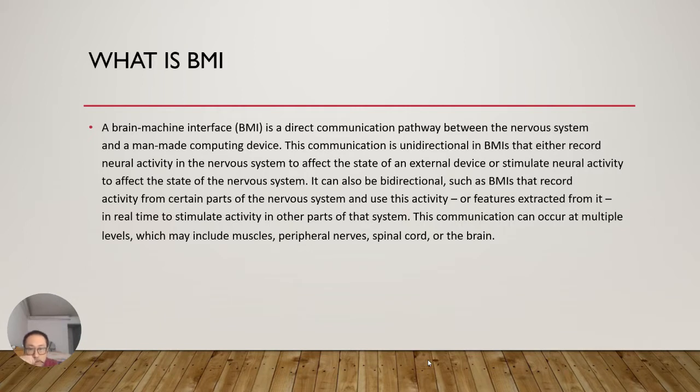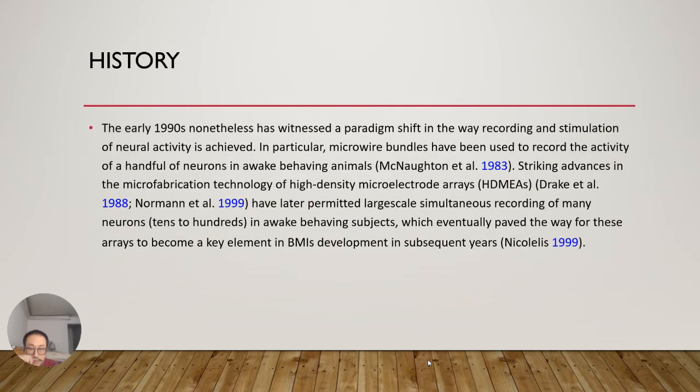这段话的核心就是提取神经信号，支配一个仪器，从而达到控制的效果。可以控制肌肉、外周神经、脊髓，还有脑。这个已经有很多应用了。这是它的历史。The history 1990s nonetheless has witnessed a paradigm shift in the way recording and stimulation of neural activity is achieved.